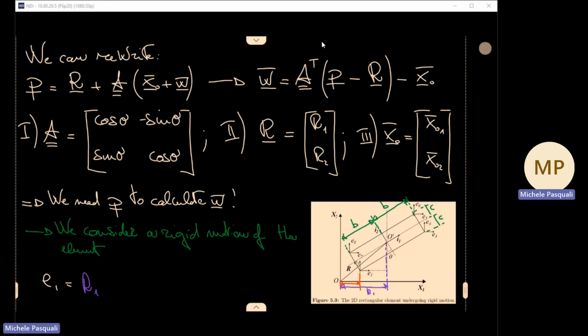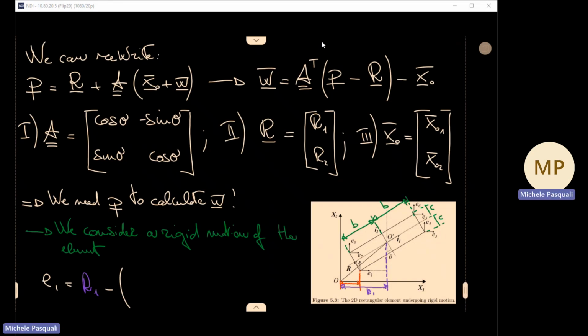It's the component along the axis x1 of the position of the origin of the element frame. So basically, I would try to get this E1 as the difference between R1 and this quantity here, which is left. So I would say that this is R1 minus what?